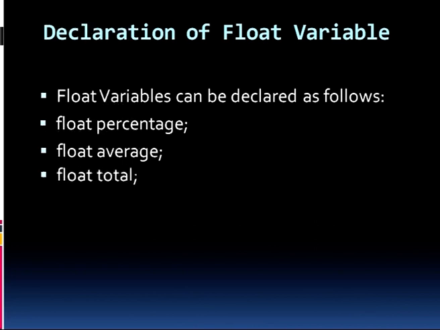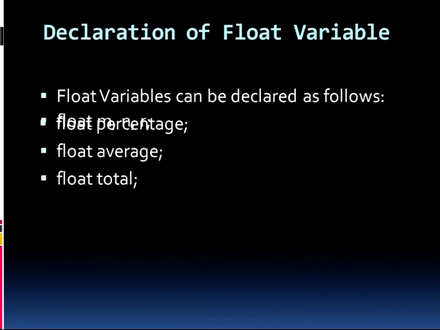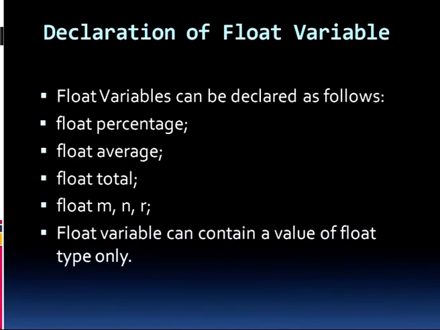This is another statement that declares variable total with the name float. We may have more than one variable of the float type, and we may declare these variables in a single line as well. This statement shows that we are declaring three variables m, n and r of type float. Float variable can contain a value of float type only.